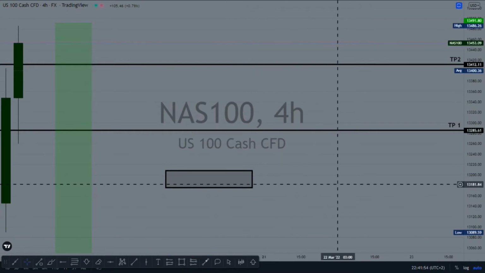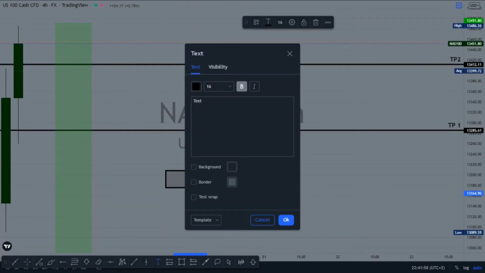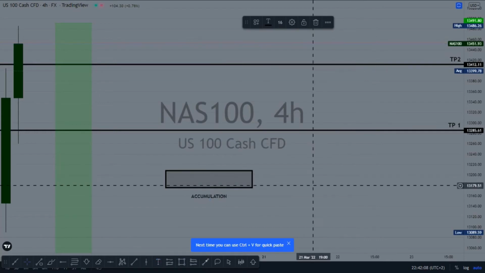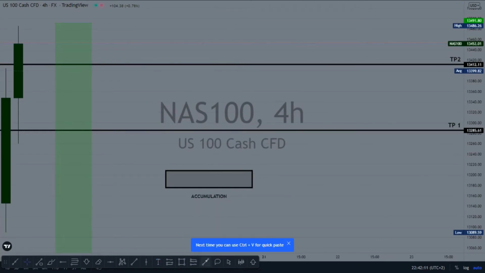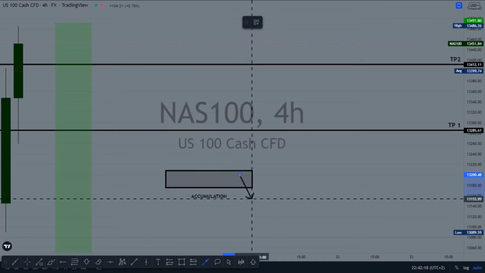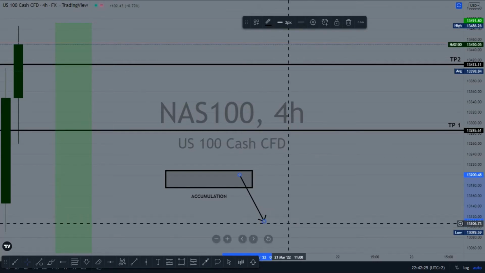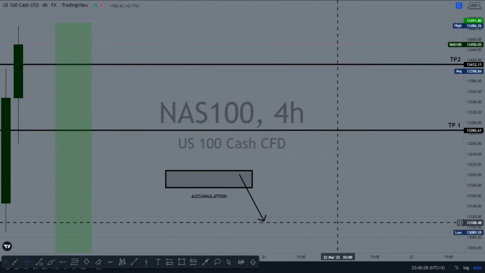The market will then give us accumulation, and after the accumulation the market will usually move out of the box 25 to 50 pips, and then the market will give us the low of the day.